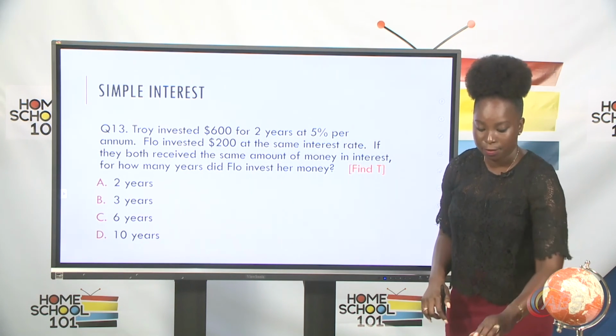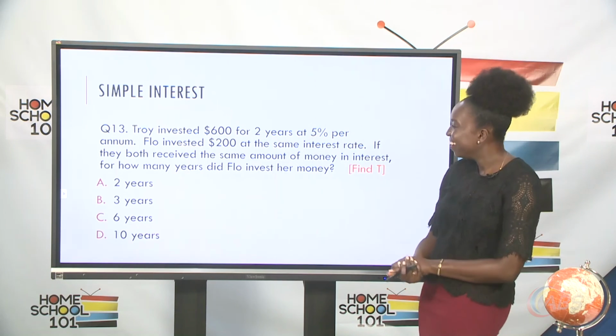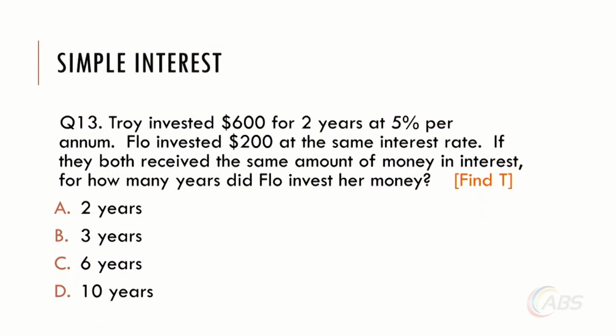Question 13, we're almost done. Question 13. Troy invested $600 for 2 years at 5% per annum. Flo invested $200 at the same interest rate. If they both receive the same amount of money in interest, how many years did Flo invest her money?